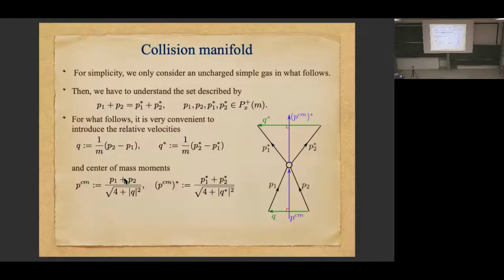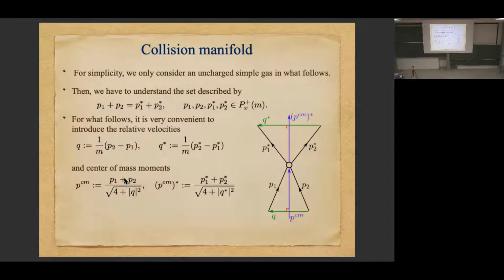And then you have the center of mass momenta. This is P1 plus P2, but now you divide by this factor here. This is done so that P_CM is on the mass shell again, a normalization to guarantee that this behaves like a particle of mass m.